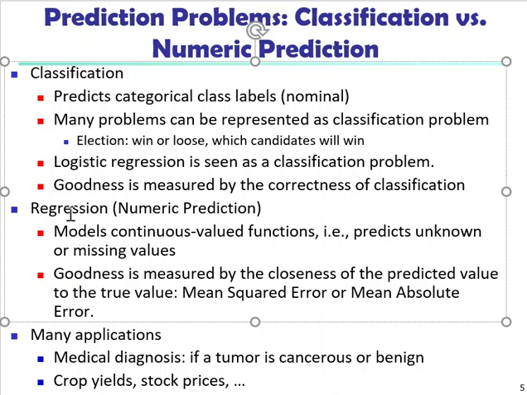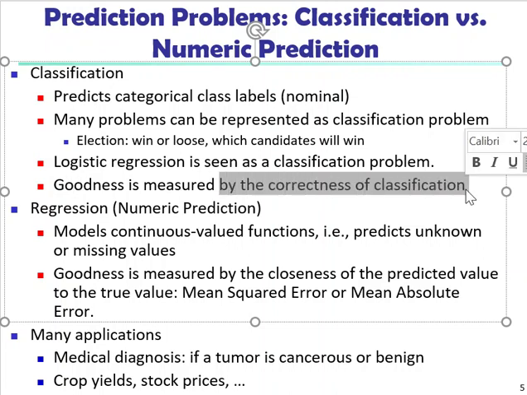Regression is useful when you actually have numerical values that need to be predicted. The measurement, how we can tell if the system is performing at a desired level, is also different. Classification performance is measured by the correctness of the classification, by comparing the labels predicted by the algorithm to the labels provided by humans or other reliable sources.